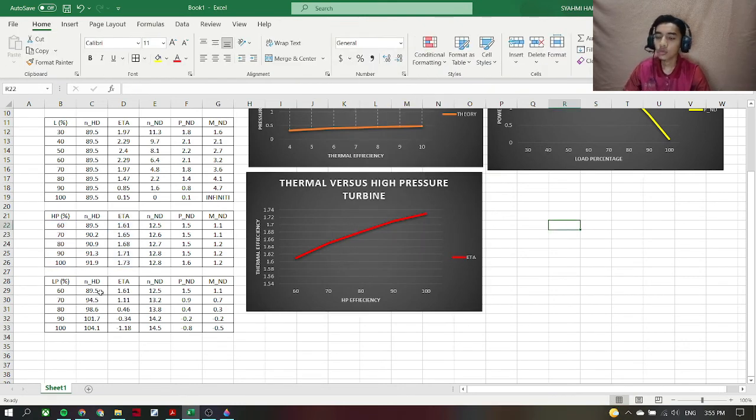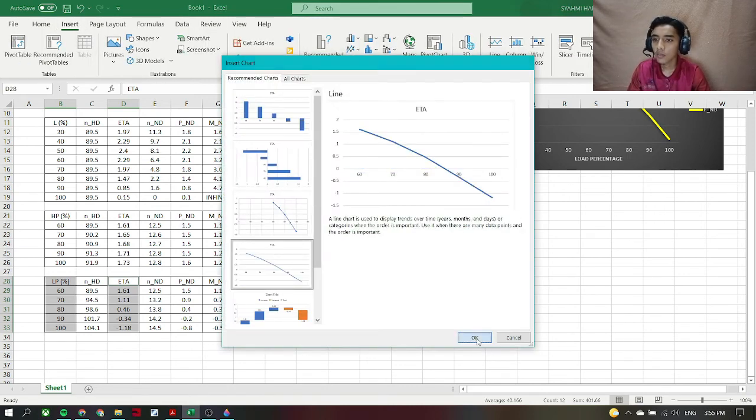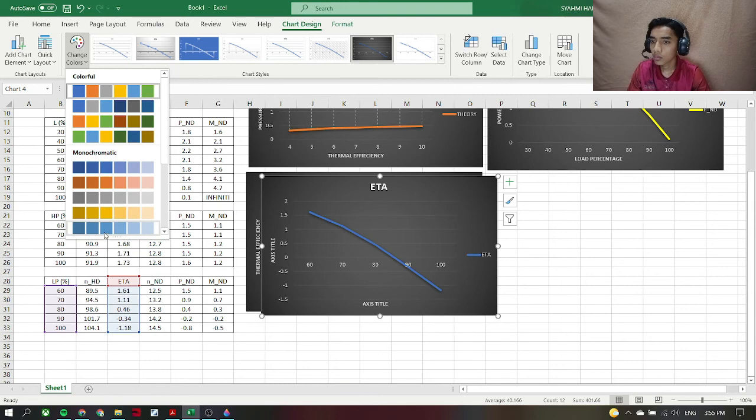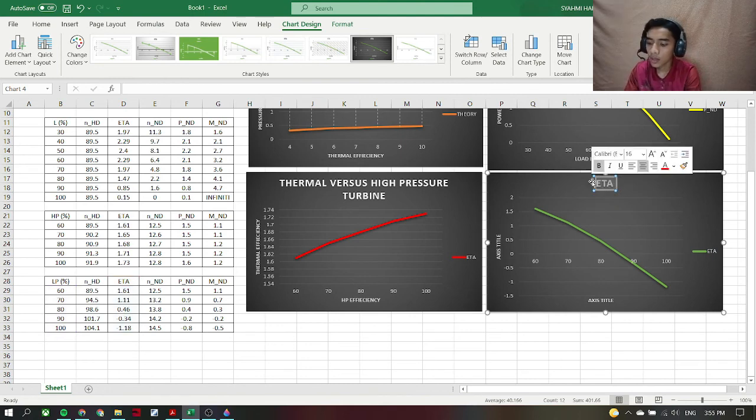So the last graph is low pressure efficiency versus thermal efficiency. So like before, we'll do the recommended chart. Layout. So because of the negative values, we will get the graph like this: thermal efficiency versus low pressure turbine.